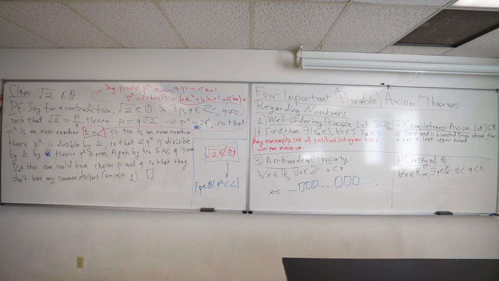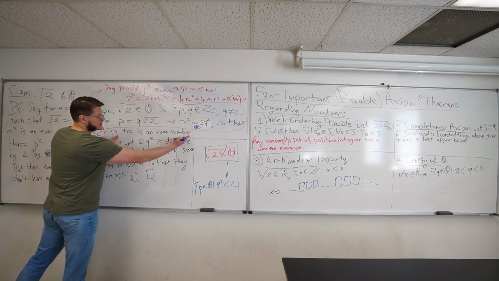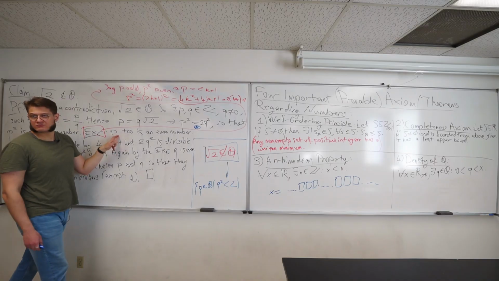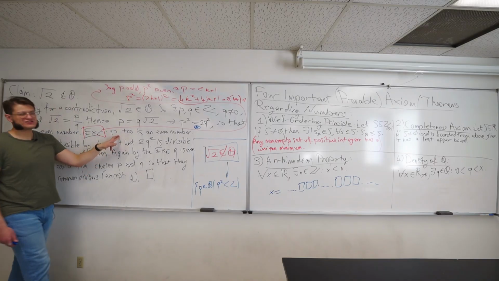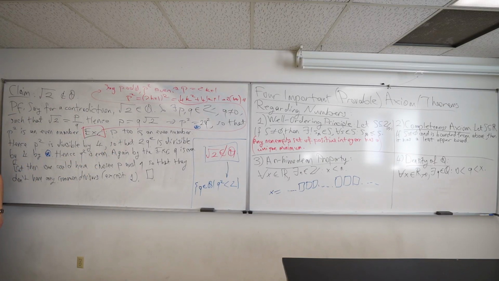Now, you might be like me, and you might not like this divisibility shenanigans. If that is your psychological makeup, I would suggest you try to turn this proof into more symbols. So for instance, instead of writing this in plain English, you could say there's an integer k such that p equals 2k.